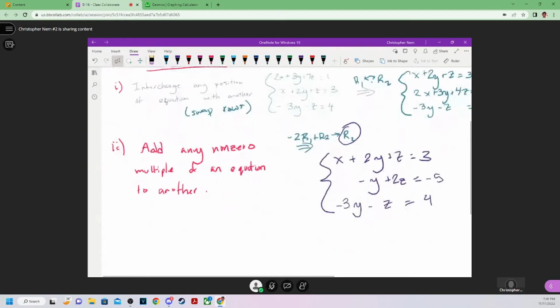And the third property, I already kind of hinted at it, is the same thing as elimination, is that we can scale any row by a non-zero constant.